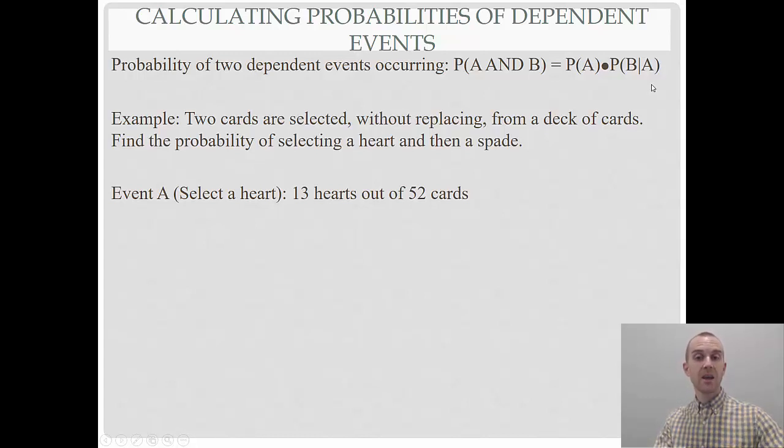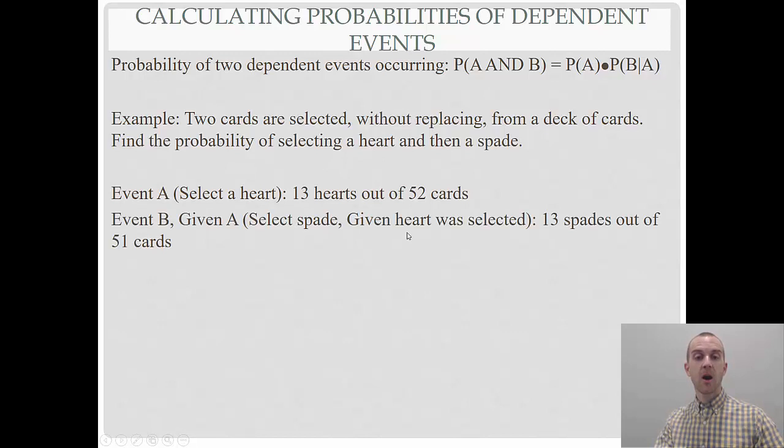So that's event A. Now when I think about event B, what's happened? I have now pulled out a heart, and that means there's one less card in there, but I still have all of my spades. So there are now 13 spades, but I have one less card because that single heart has been pulled out.